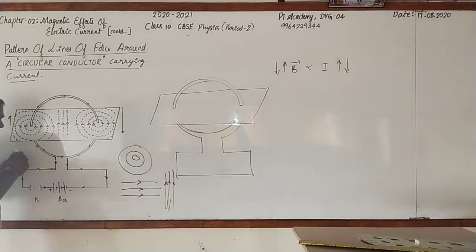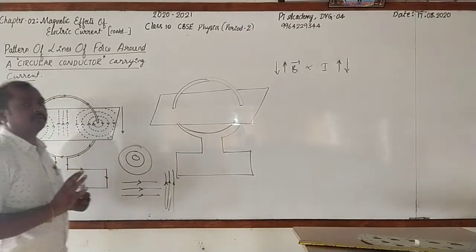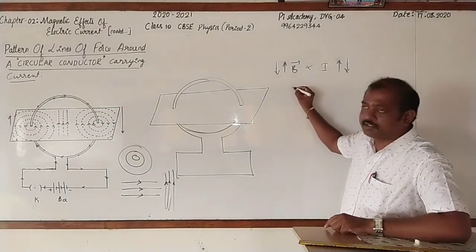Some amount of field strength is developed around only one loop, and next the same amount is developed around the second loop, next around the third loop, like this. Here the field strength will go on adding. Hence the magnetic field strength increases as the number of turnings increases.